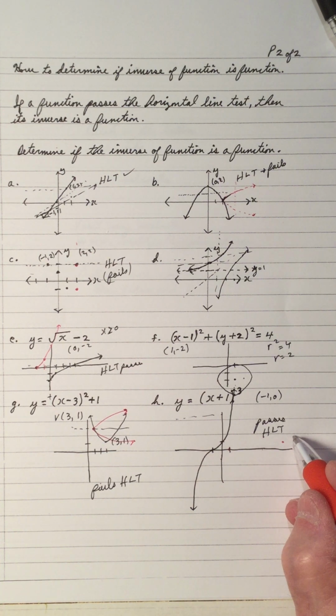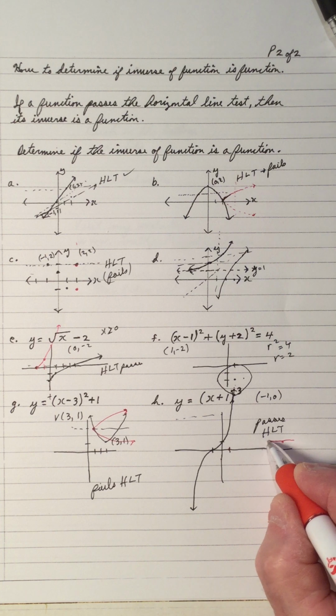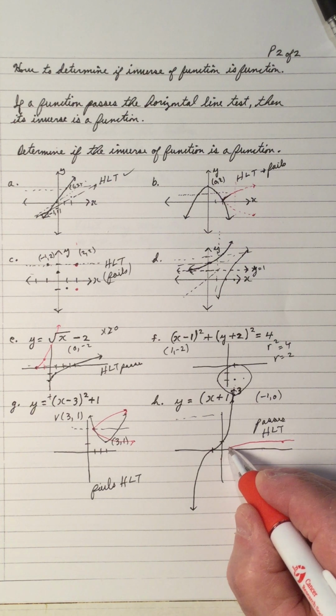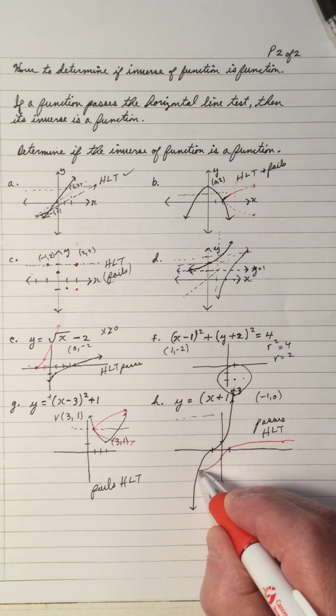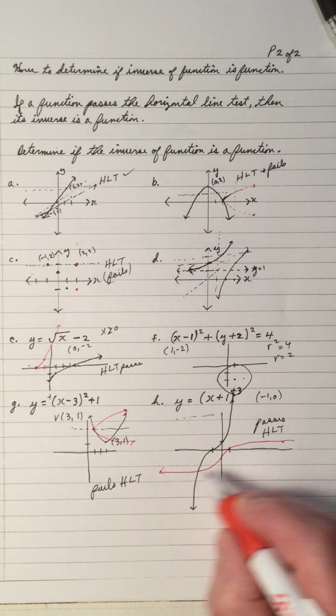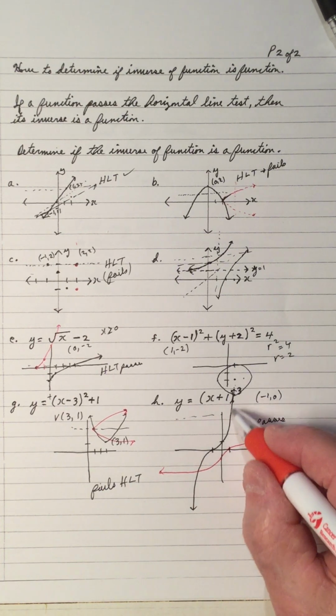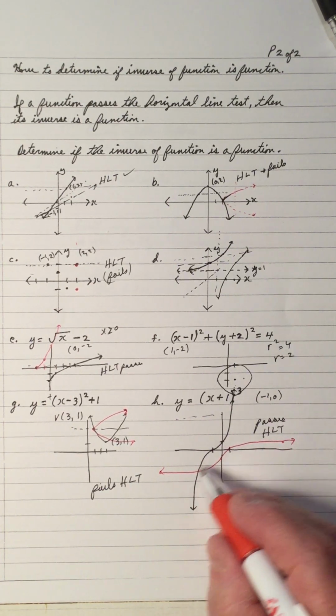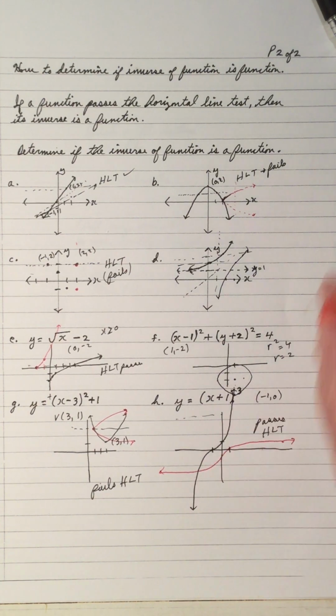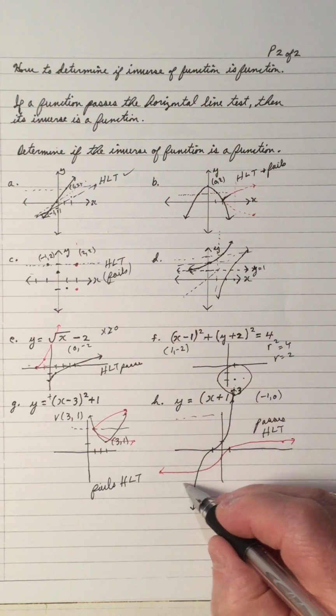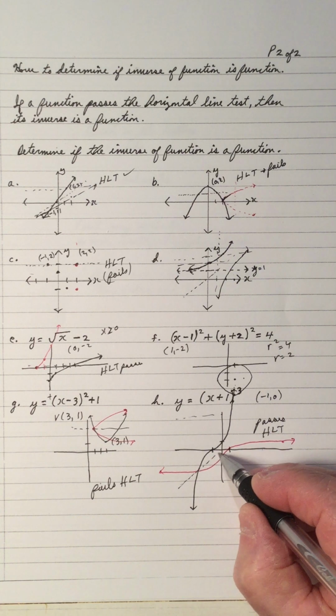So the graph comes in like this. If you plot more points than these, you see that there's this inverse. And the inverse is the reflection in the line y equals x, right there.